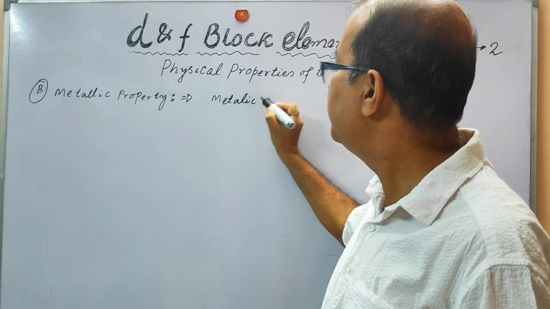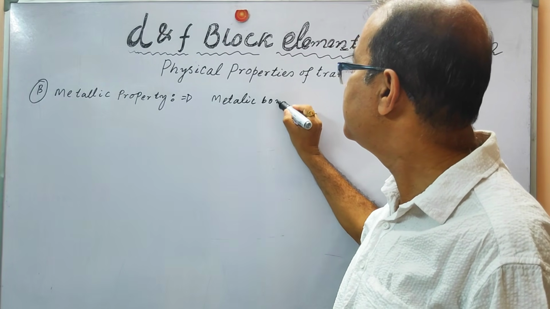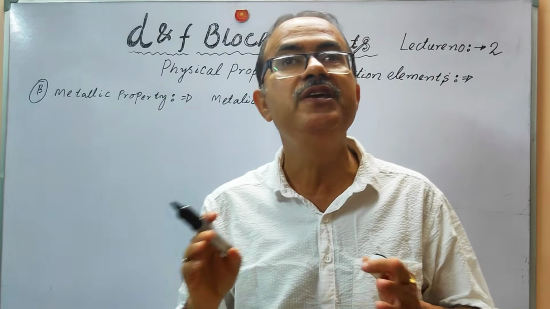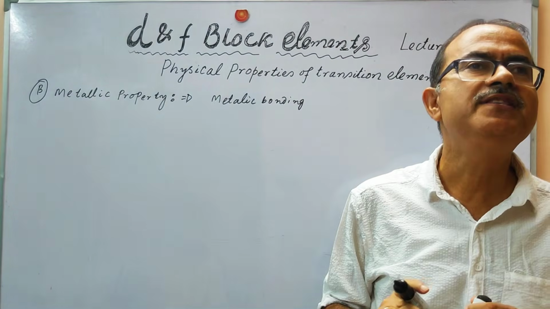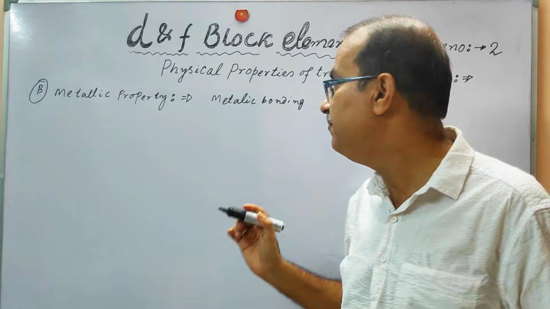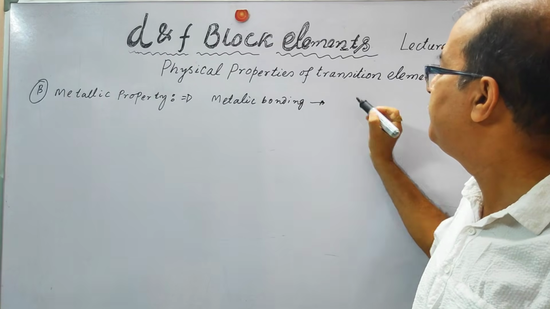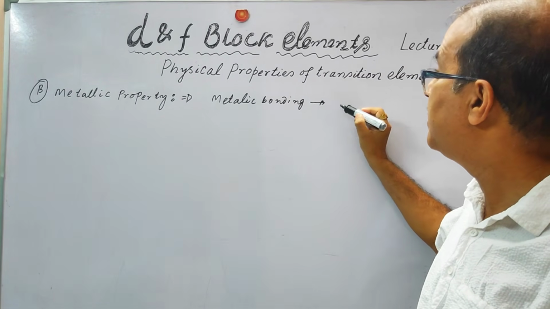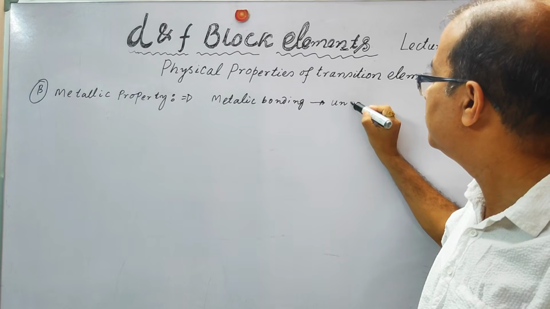Metallic bonding is created by the free electrons, that is, the unpaired free electrons, which we have to always remember.